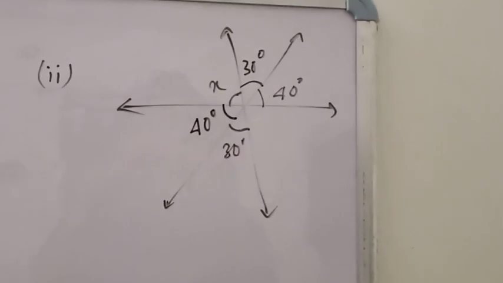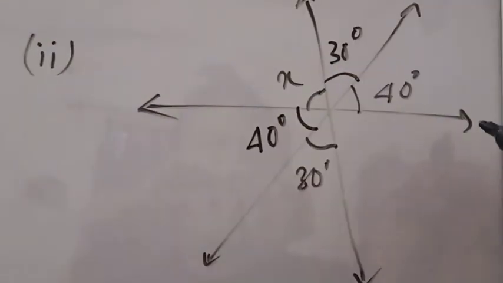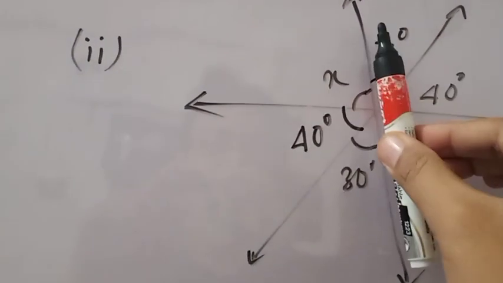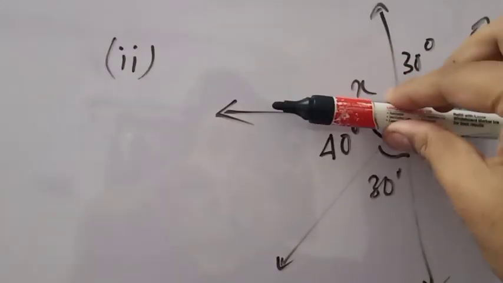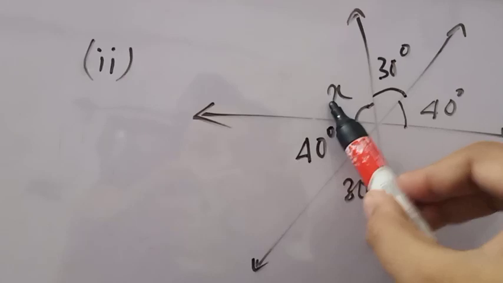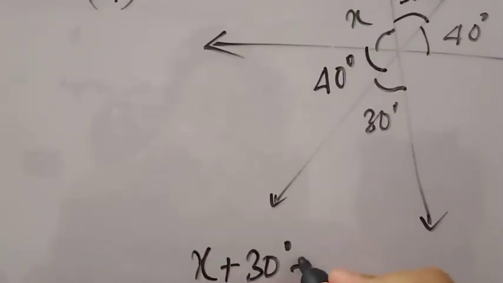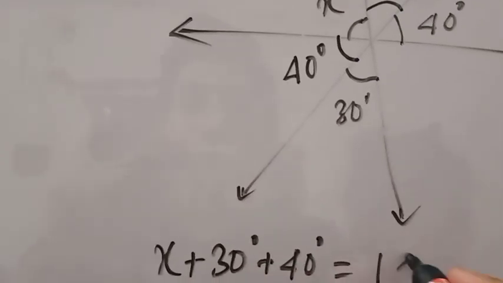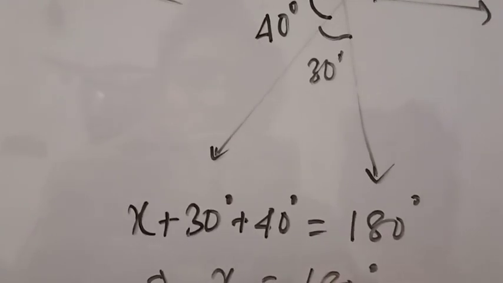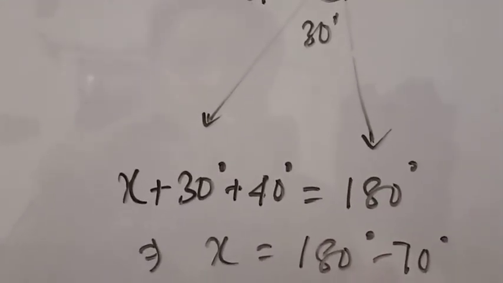So now we are calculating that if I take this line or this line, anyone we can take linear pair, this straight line, and this also is a straight line. So if I take this one, 40 plus 30 plus x equals to 180. That means x equals to 180 minus 70. That is 110.